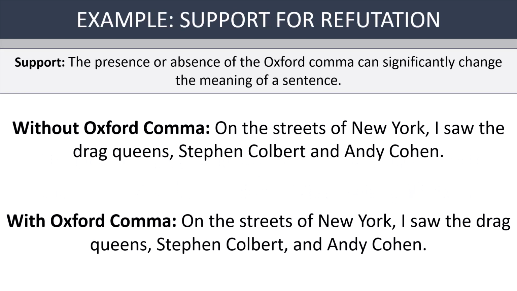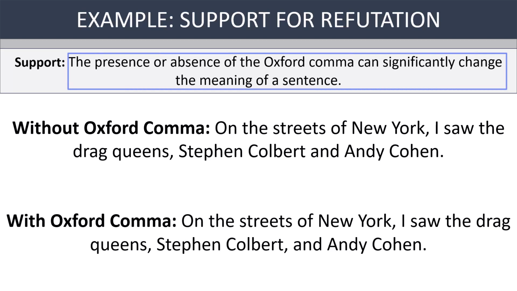Now, this support says that the presence or absence of the Oxford comma can significantly change the meaning of a sentence. So if we look at our sample sentence here, in the original version without the Oxford comma, the sentence actually says that Stephen Colbert and Andy Cohen are the names of the drag queens.